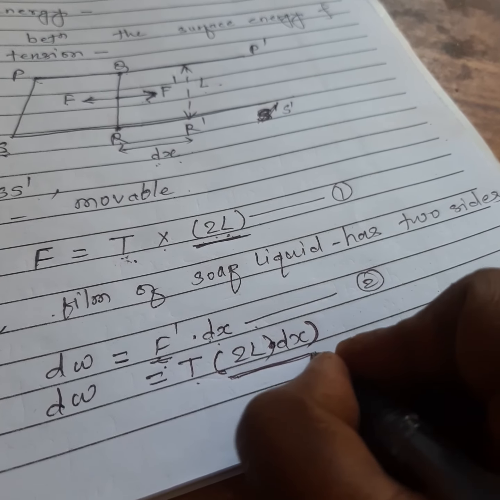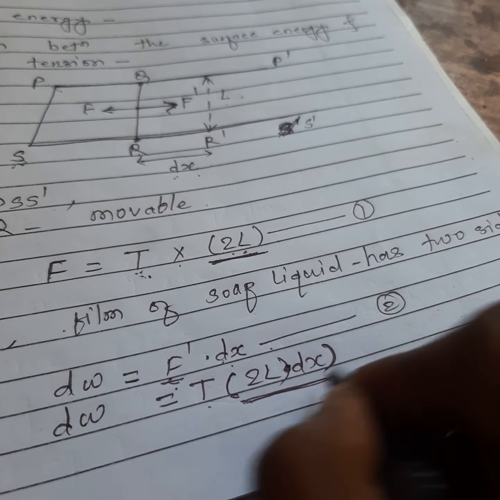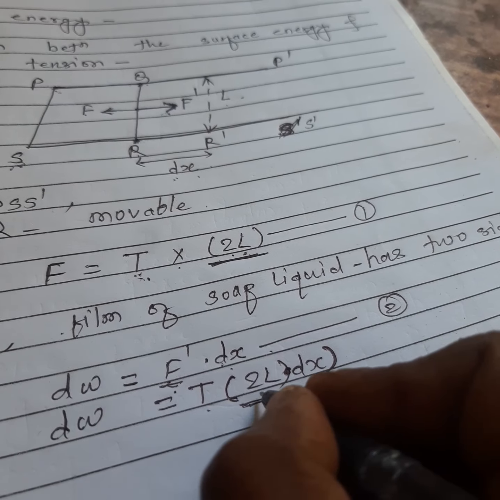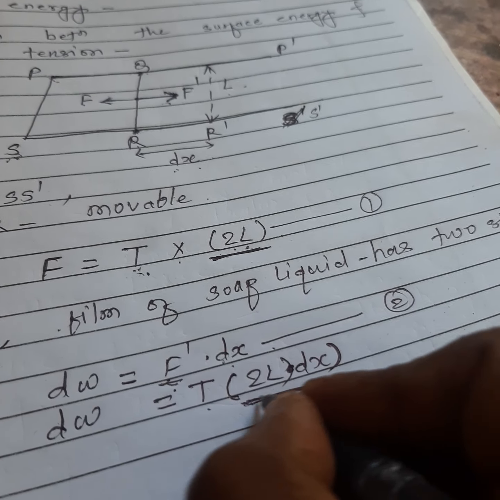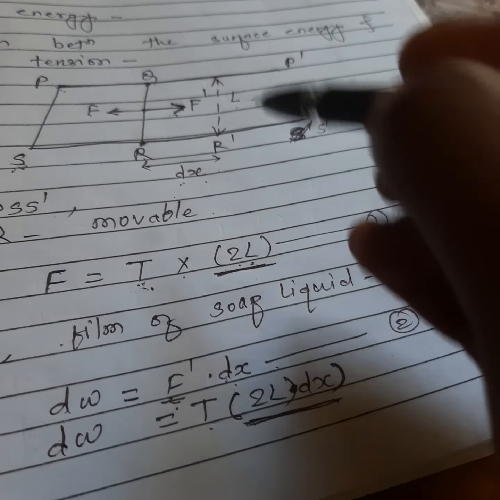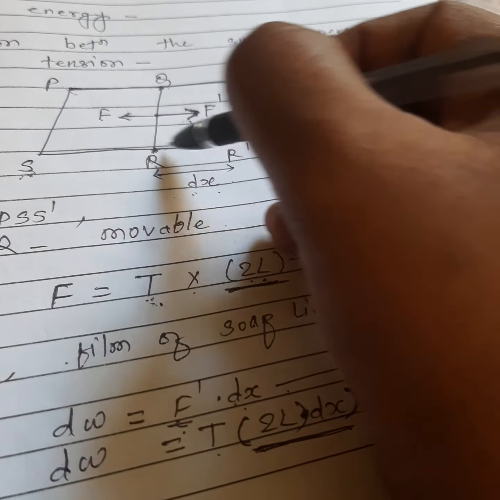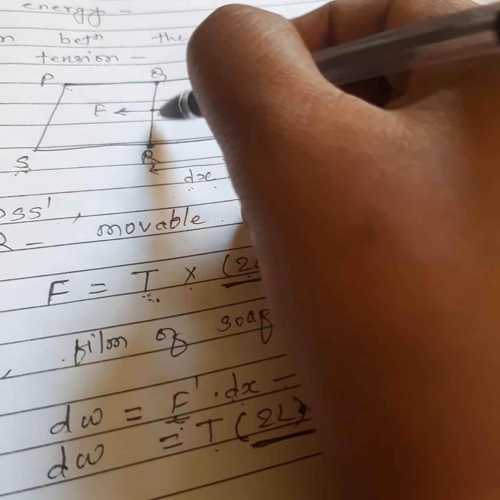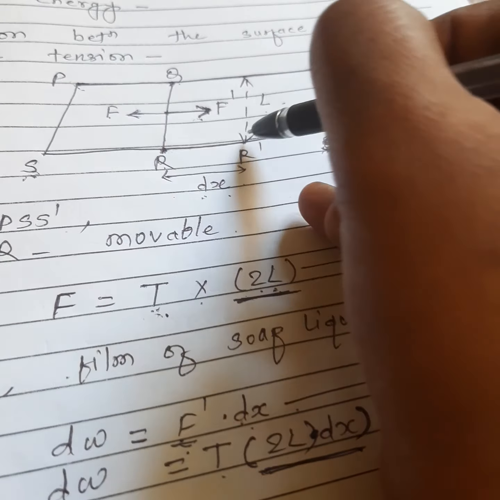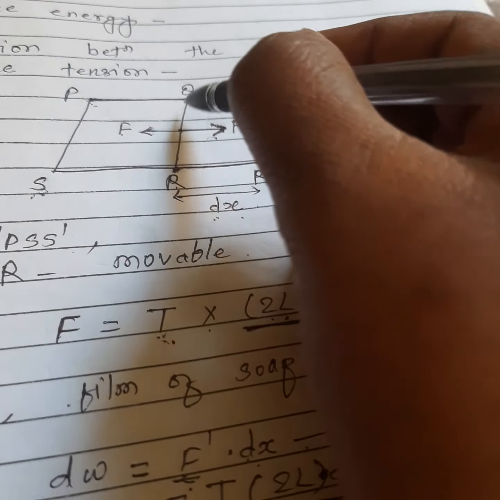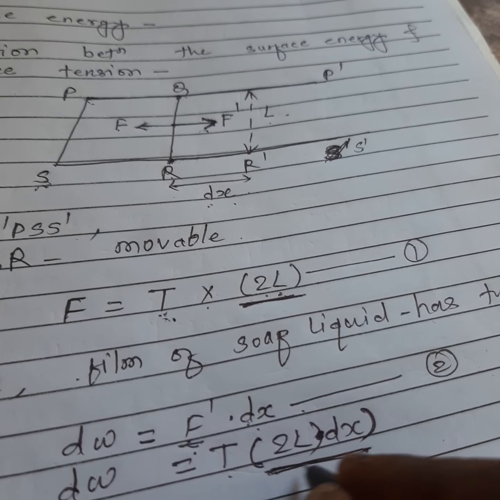This 2L into dx means length of rectangle into width, formed by this area, or rise or increase in surface area of soap film.